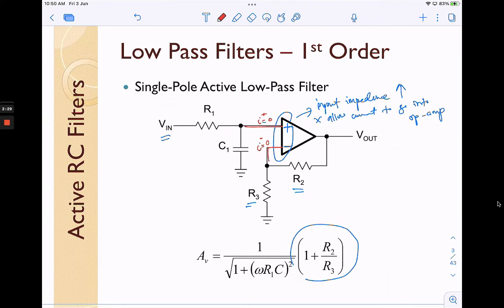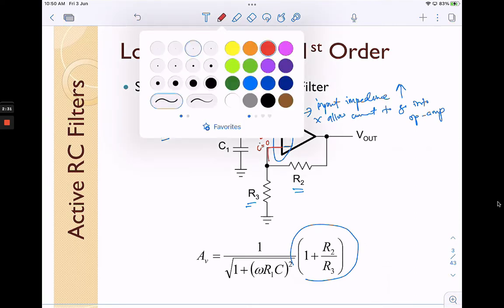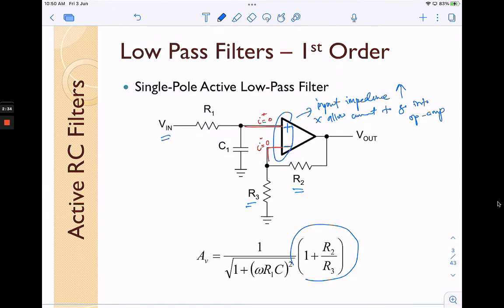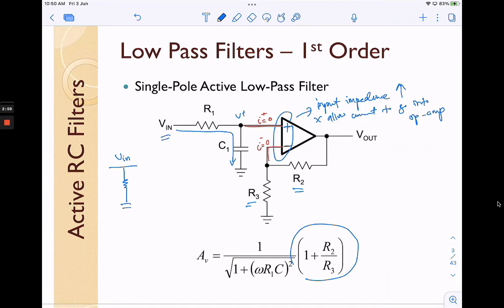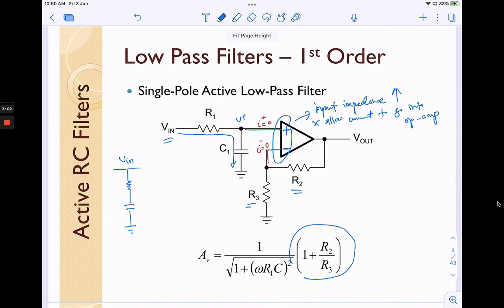Since the current will not flow into the op amp, the current will actually go to the ground here. Okay, so in this case we can find the V plus using the voltage divider rule. If you redraw this, you can put in something like this. So this is Vin, and then this is R1, and then this is the capacitor C1, this is the ground, and this portion is actually V plus.